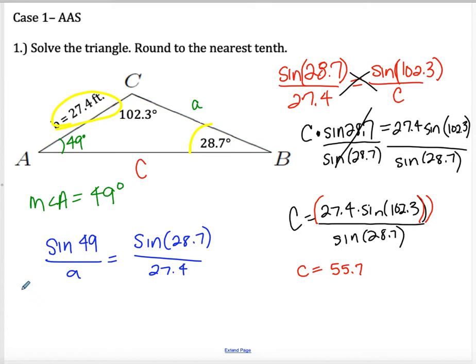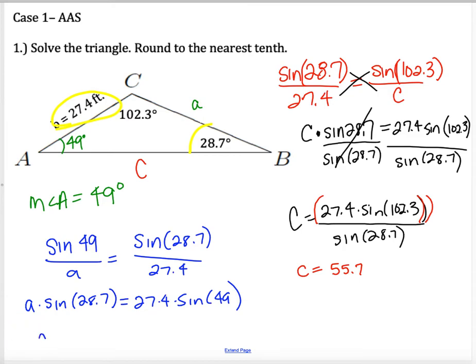Now, let's practice writing this out one more time. Cross products are equal to each other. A times the sine of 28.7 is going to equal 27.4 times the sine of 49.